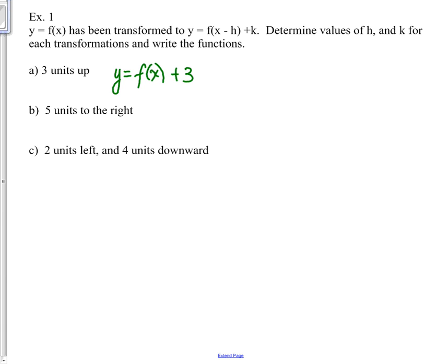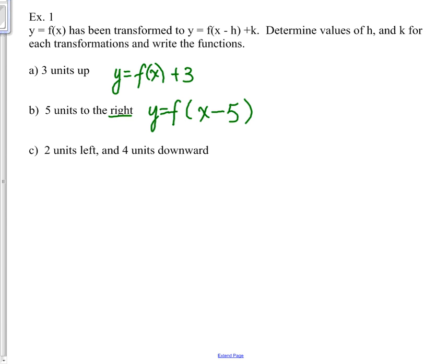5 units to the right. That is a horizontal translation, so it's going to be within the function. If it's to the right, it would be subtract 5 when it's horizontal. The third one has a little bit of each.